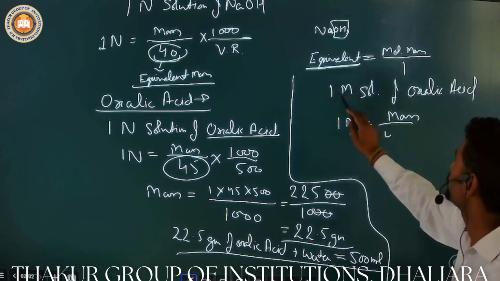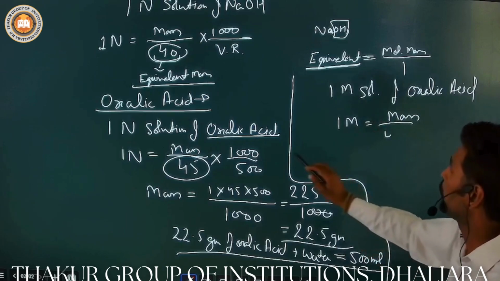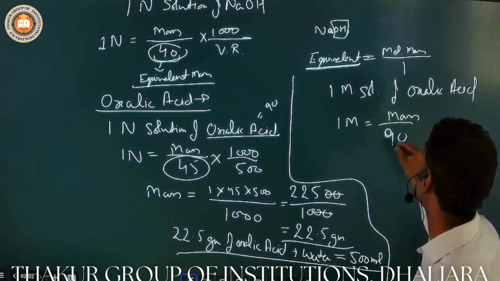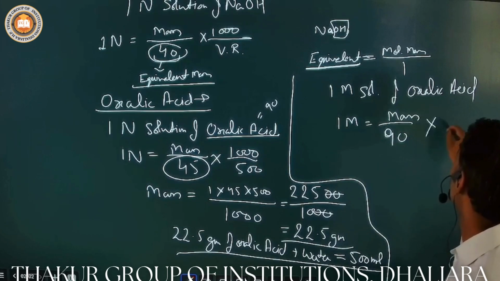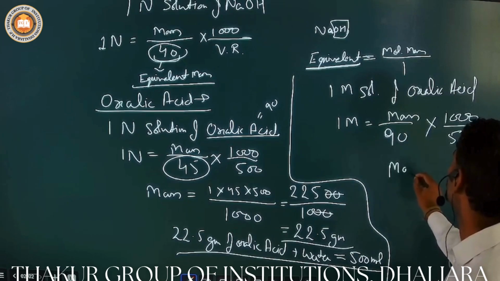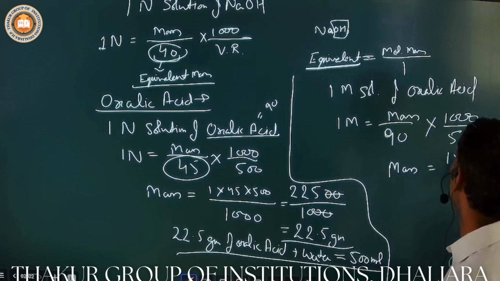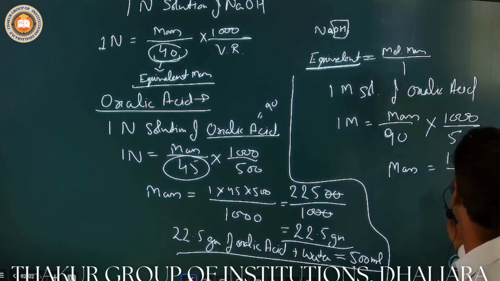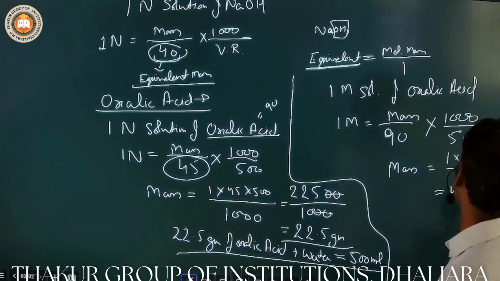So in the case of molar solution, the molecular mass is written. The molecular mass of oxalic acid is equal to 90, so I directly write 90, and similarly 1000 upon volume required. The required mass comes out to be 1 into 90 into 500 divided by 1000. So its weight comes out to be 45 gram.